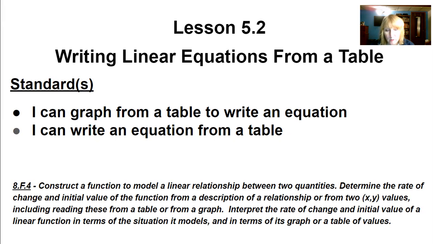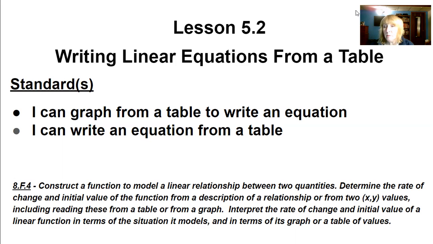We've had tables, or from a graph, and we've had graphs. Interpret the rate of change and initial value, that means tell what it means, of a linear function in terms of the situation it models and in terms of its graph or a table of values.